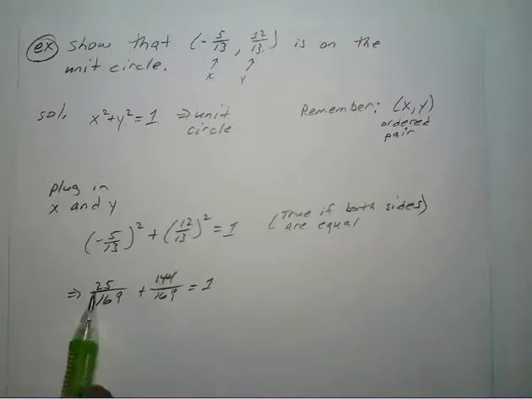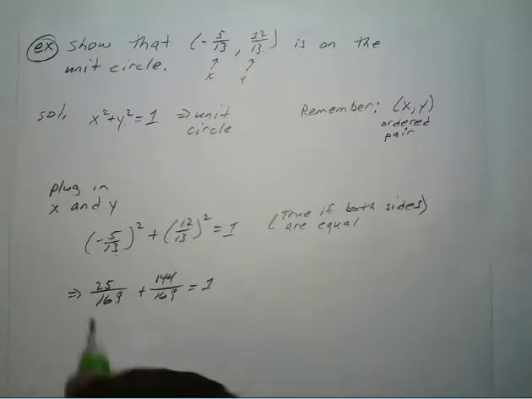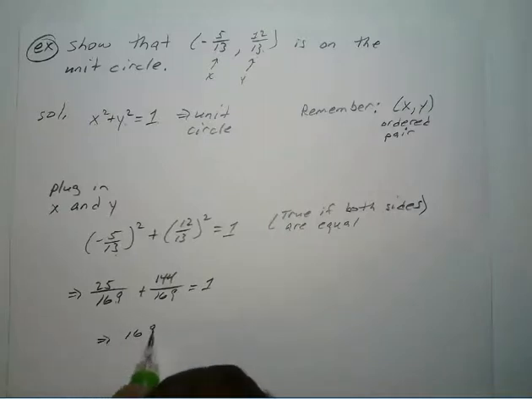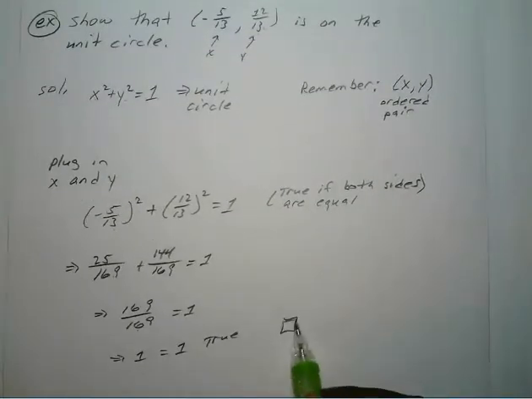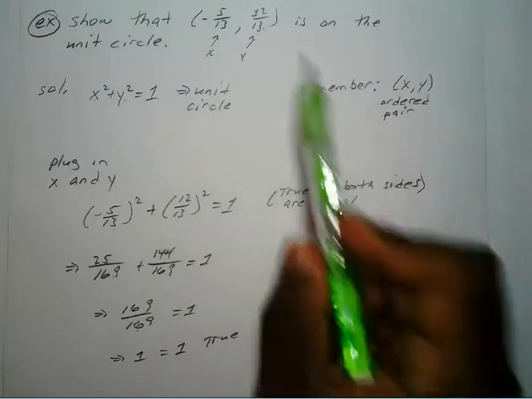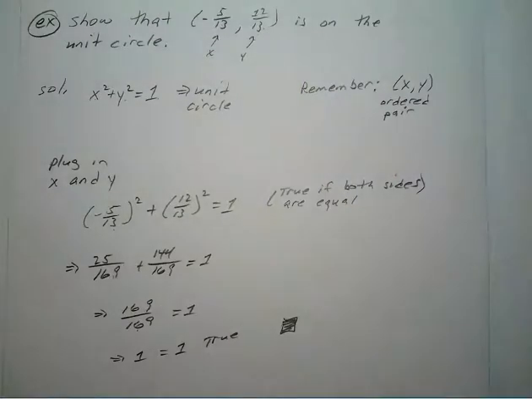Okay, so 144 plus 25 is actually 169, since you have the common denominator. That gives you 169 over 169, which is equal to 1. Anything divided by itself is 1, so that just gives you 1 equals 1, which is true. So this point is actually on the unit circle.